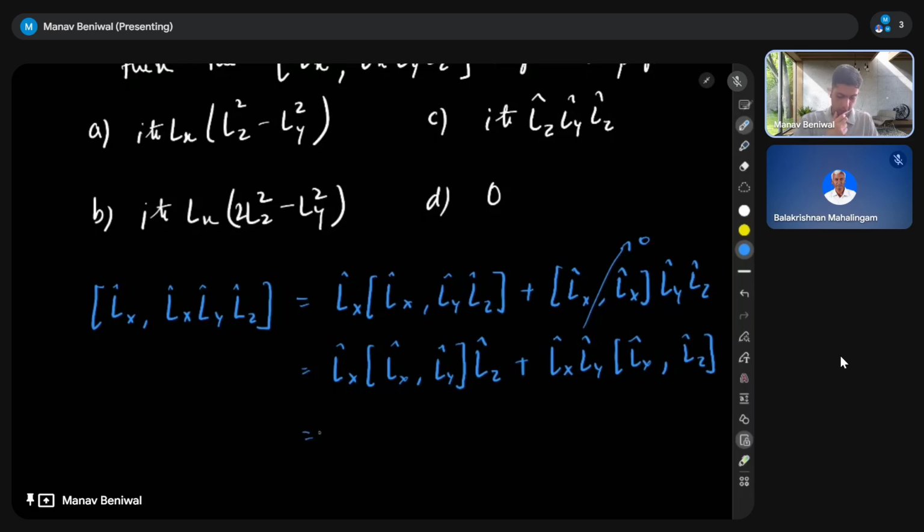Okay, now using the cyclic commutation, we know that this just becomes iħ Lz. So this becomes Lx and iħ Lz and Lz, and Lx Lz will give us minus iħ Ly. So this becomes Lx Ly and minus iħ Ly.